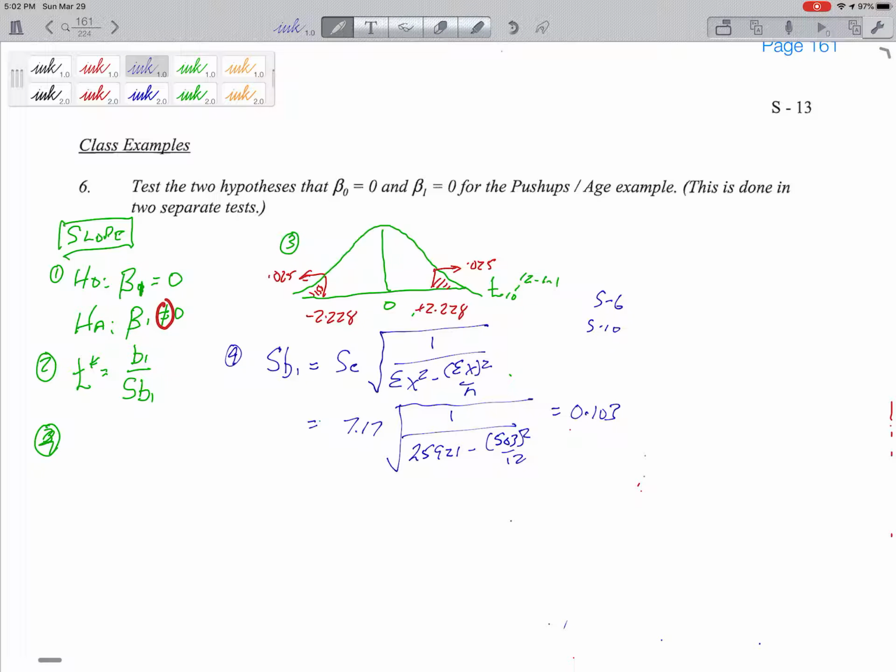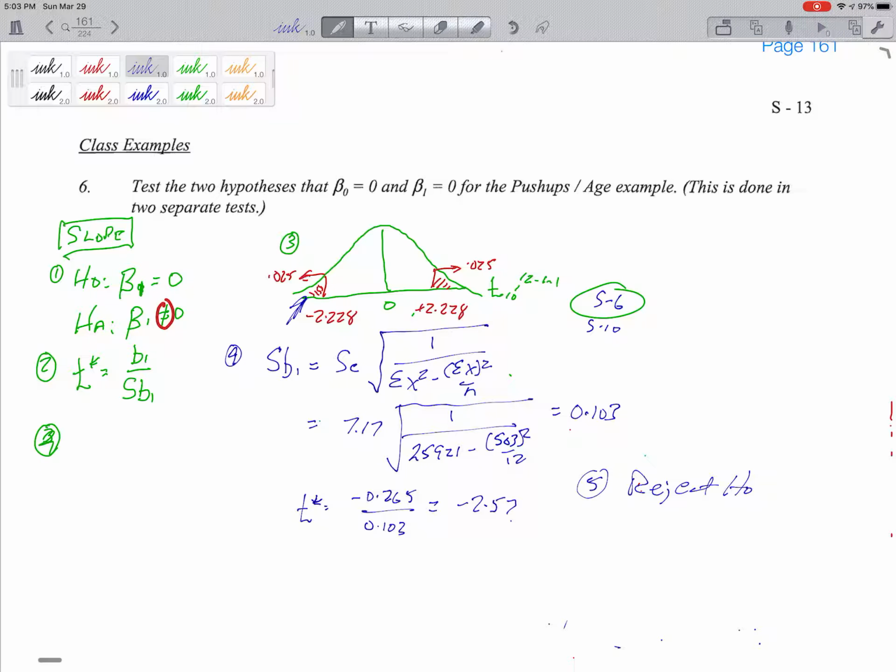Okay? Now, the T star is equal to minus 0.265. Remember, that was our slope that we'd calculated back on page S6, divided by 0.103, and that turns out to be minus 2.57. Minus 2.57 is right in here. And so what we would do is reject H0, and that means that we would say that the slope is significant.